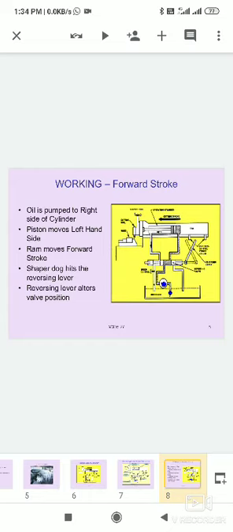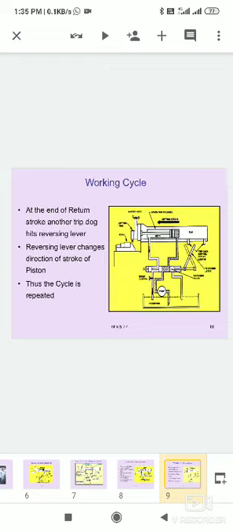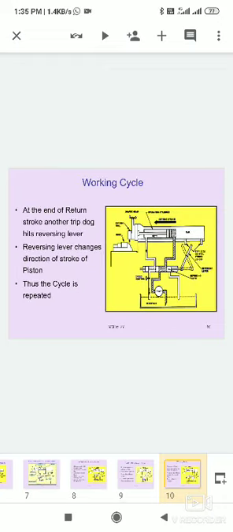Now the oil under high pressure is pumped to the left side of the cylinder, causing the ram to perform the return stroke, and the oil in the right side returns to the tank. At the end of the return stroke, another dog hits the reversing lever, which again changes the valve position and thus the direction of stroke.